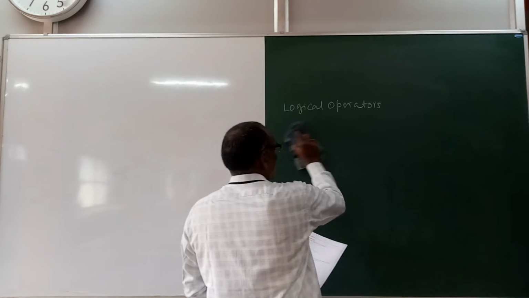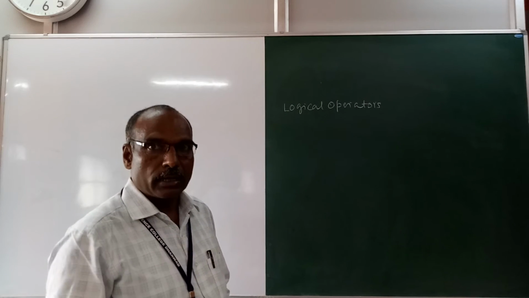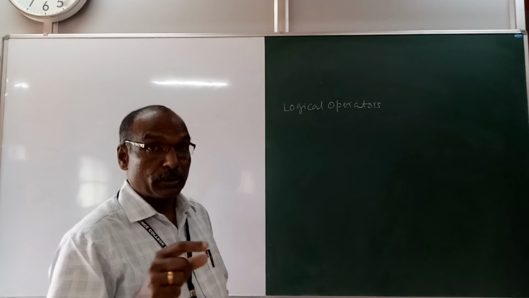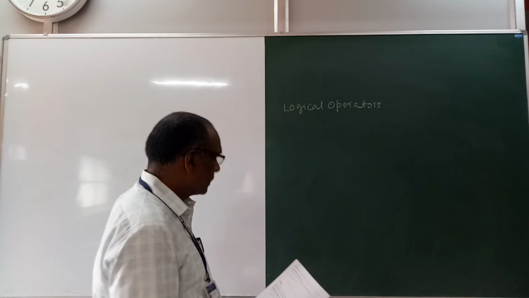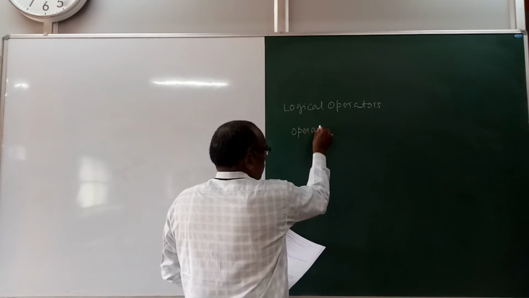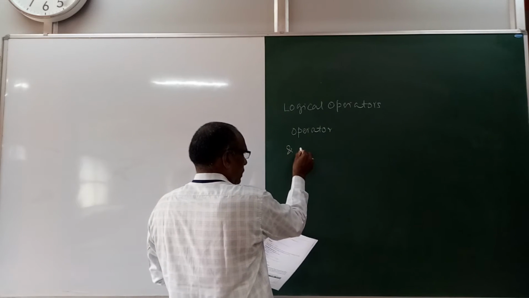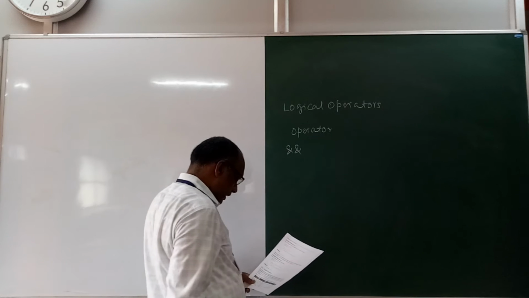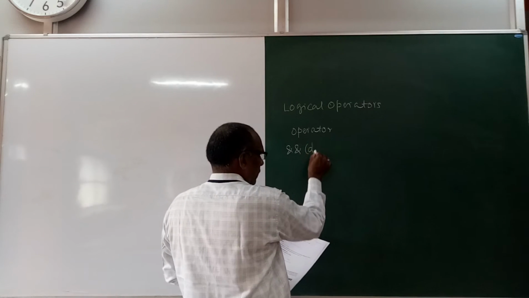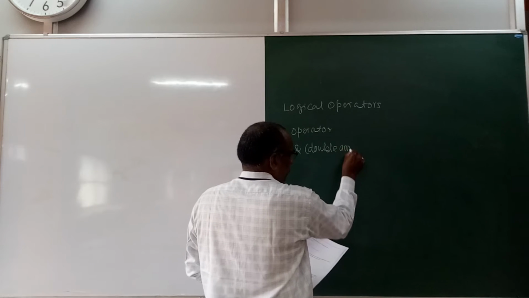That is, symbols in the sense we are using the character set to denote these operators. I'll write here operator, and say the operator is this ampersand, it is double ampersand. I'll write double ampersand.